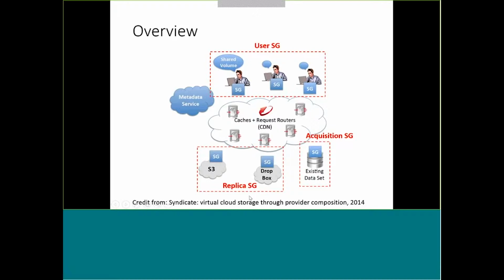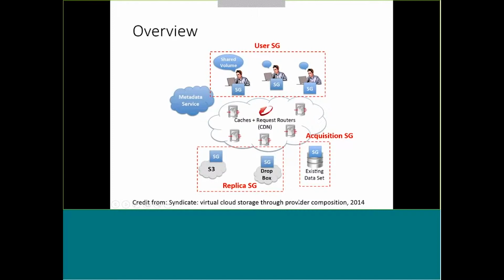The replica Syndicate gateway responds to write requests from the peer user Syndicate gateways. It does not generate any requests of its own, it just provides a service.